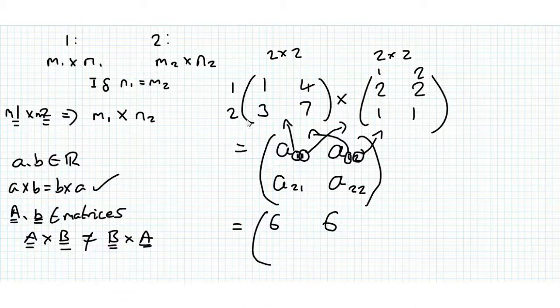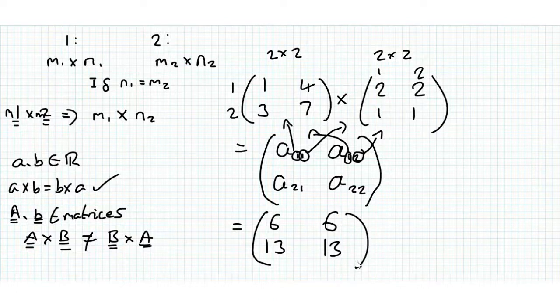Now A2,1, we're in the second row, first column, 3 multiplied by 2, that's 6, plus 7 multiplied by 1, that's 13. Now second row, second column, so again, second row of the first matrix, 3 multiplied by 2, that's 6, it's just going to come out the same, plus 7 multiplied by 1, so that's 6 plus 7, 13.